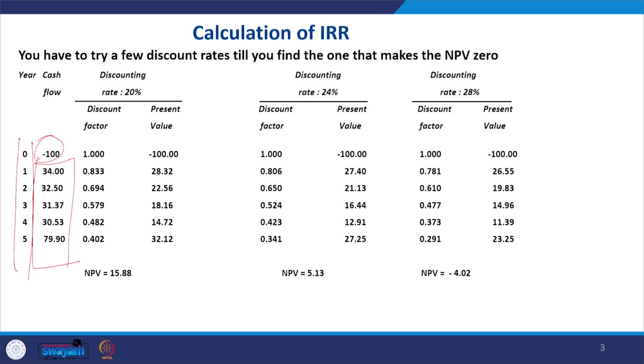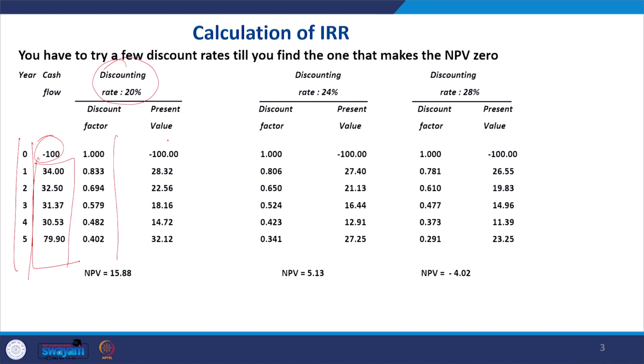We want to check in how many years the cash outflow can be recovered and the NPV of the project becomes 0. In this case, for example, first we try the discount rate of 20%, and use the discount factors under 20%. The construction period is year 0, so the value is the face value: 100 million is equal to 100 million.